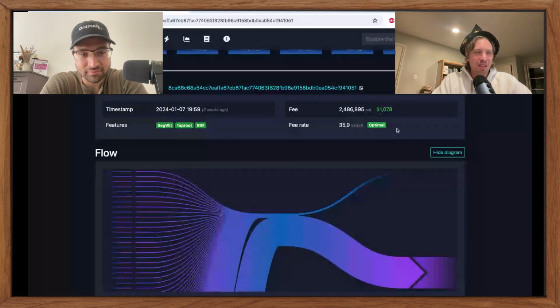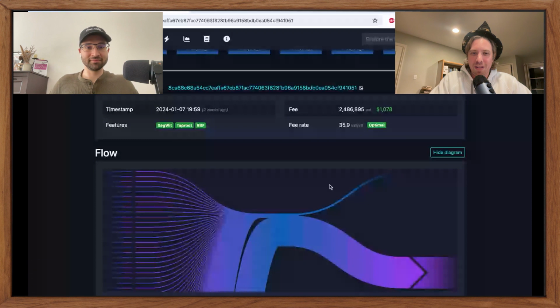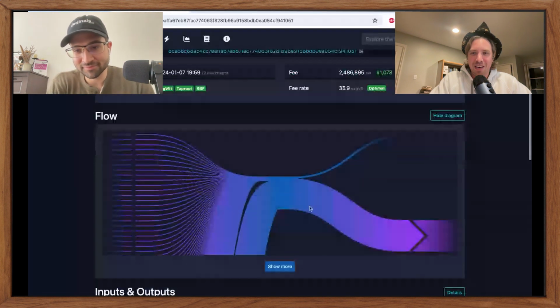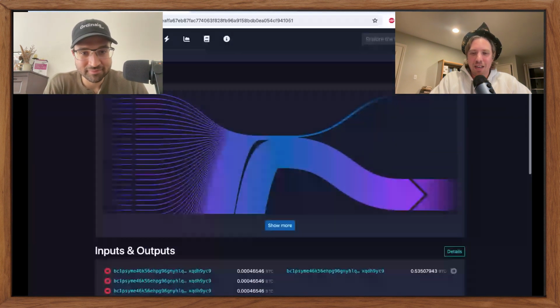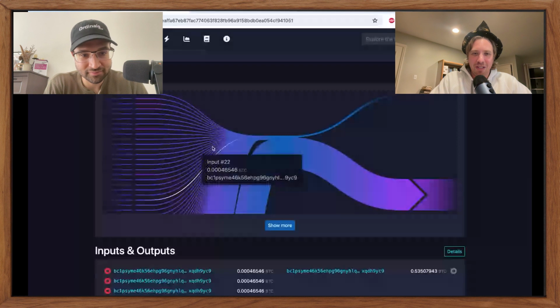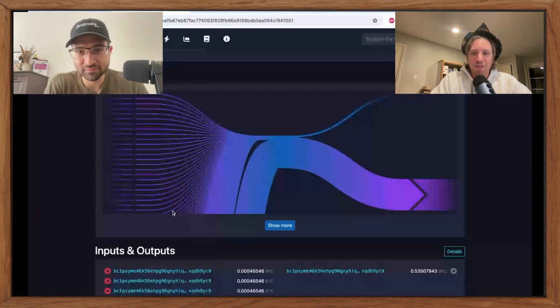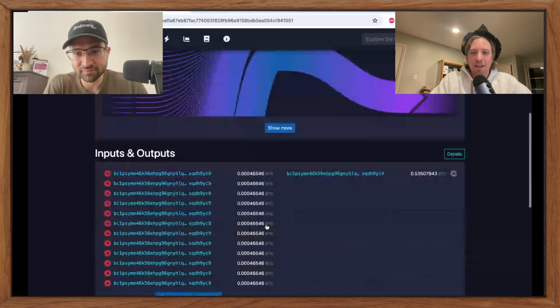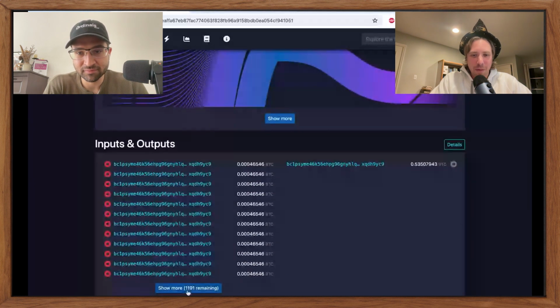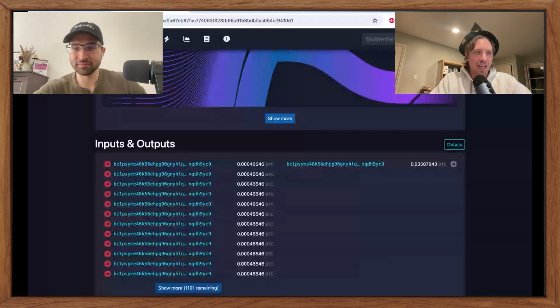All right. So the one we just looked at with the Block Explorer paid $2, and this one is paying $1,000. The reason is, I'm not going to blow this out because it'll take up my whole screen, but you see the number of inputs that are here, right? Input number 23, number 25. It goes all the way down, and it has just over 1,200 inputs to this transaction.